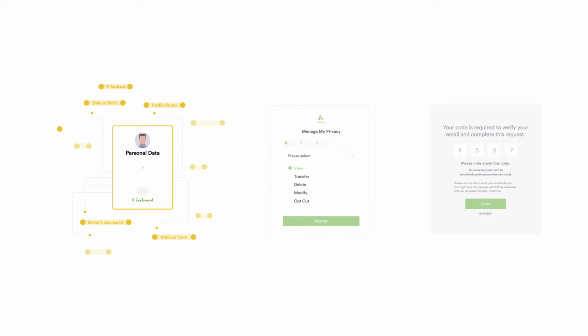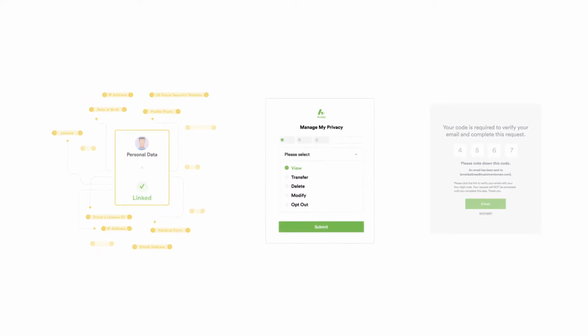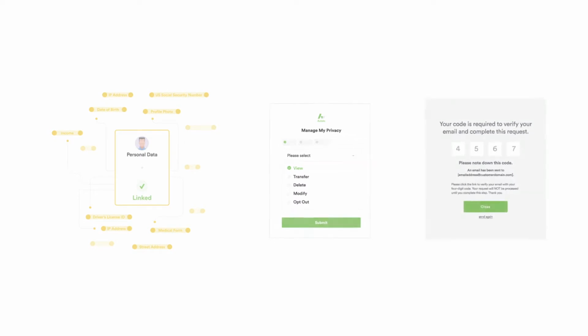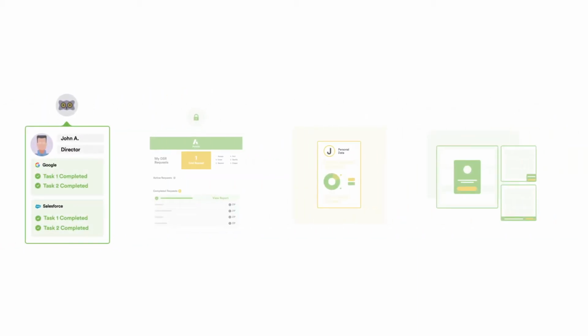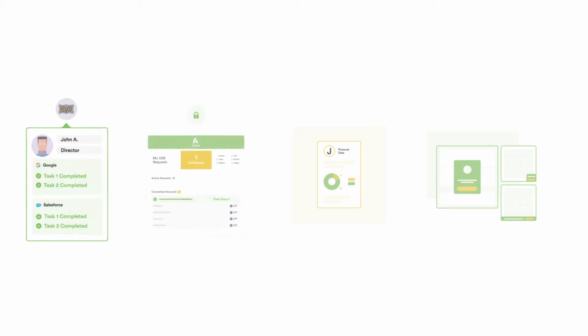I will explain how to automatically discover personal data across all your systems and link it to the owner of the data. How to provide means for people to make data subject access requests. How to implement identity fraud prevention within that portal. How to automate completion of complex tasks associated with data access request fulfillment instead of doing it manually.